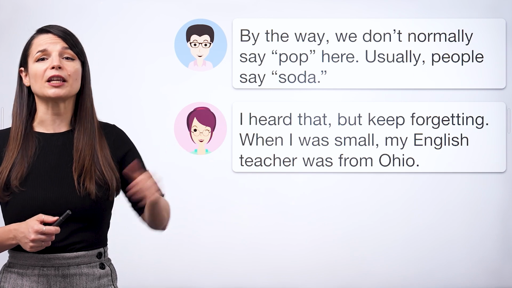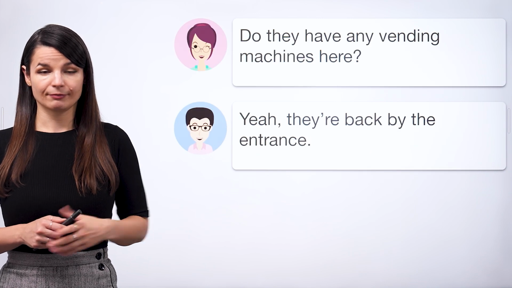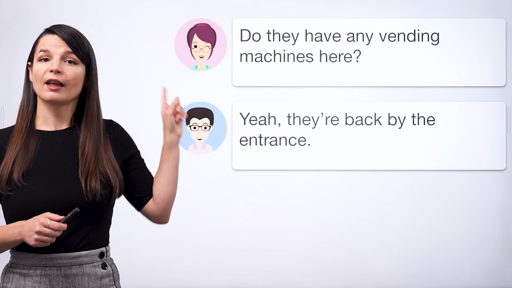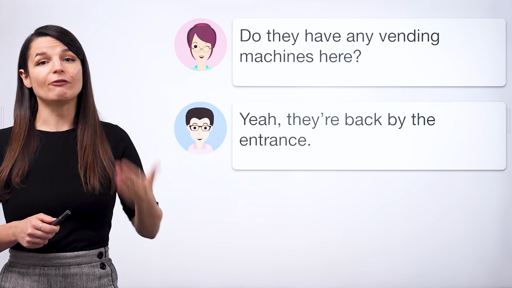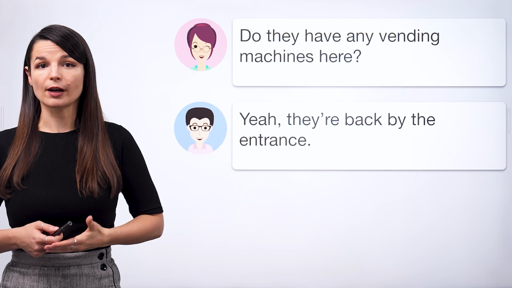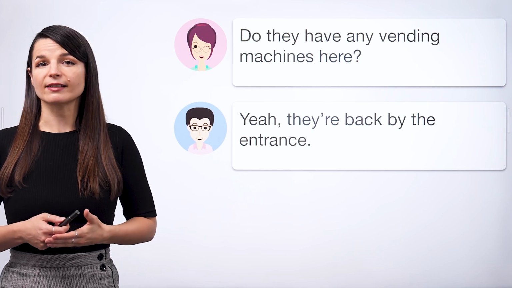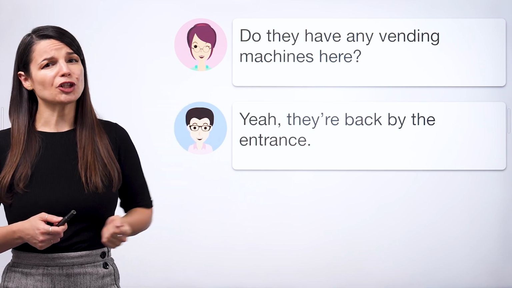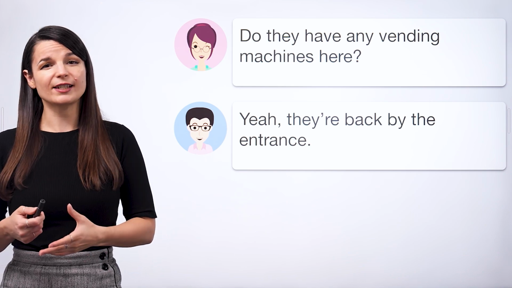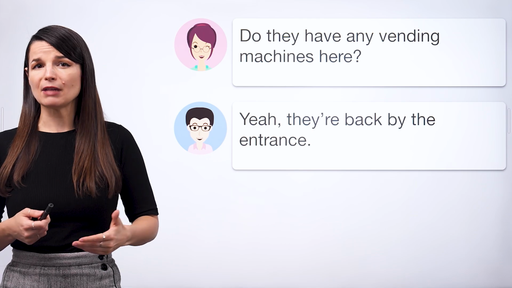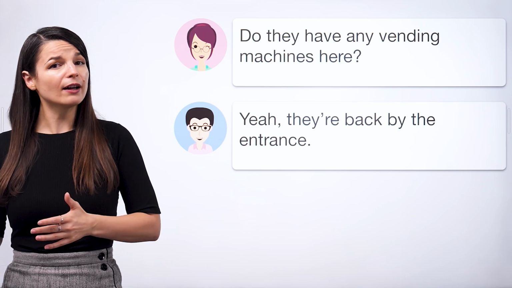Let's focus on the key part of the conversation. In this part of the dialogue, this person is asking if there are any vending machines in the place where they're talking. She does this by asking, do they have any vending machines here? When she asks, do they have, what she's saying has basically the same meaning as the phrase, is there a?